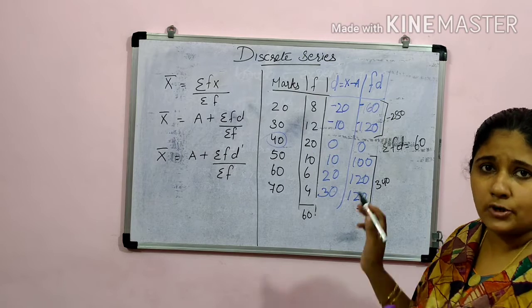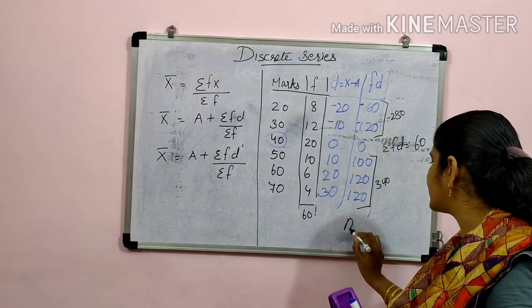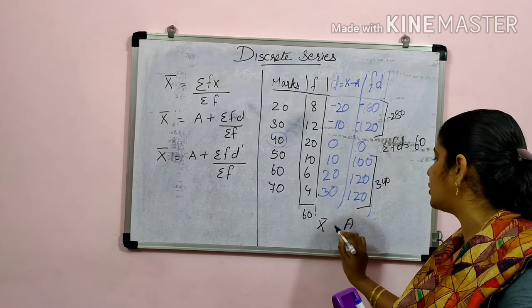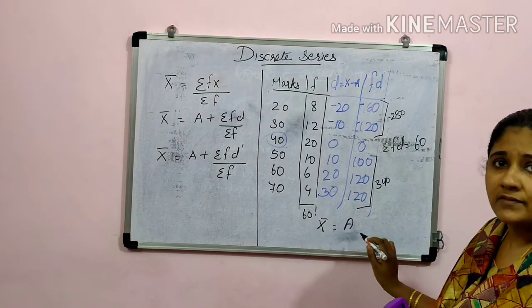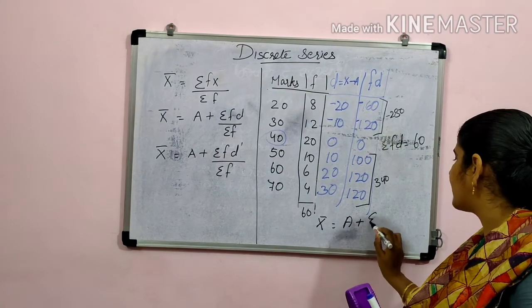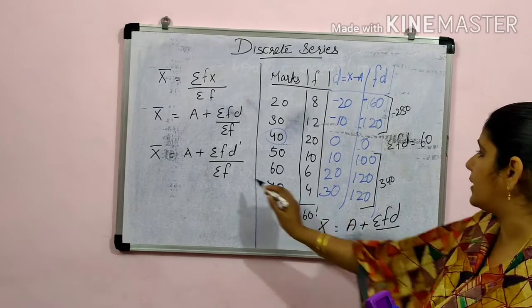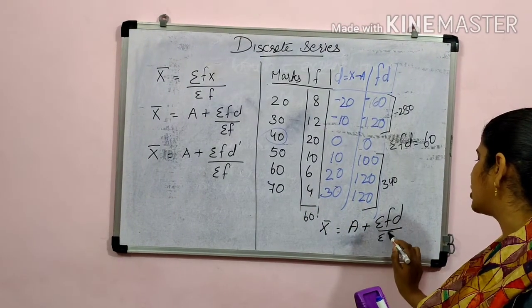Now we will put these values in our formula. What was our formula? x bar is equal to A plus summation of FD, that is 60, divided by summation of the frequency.